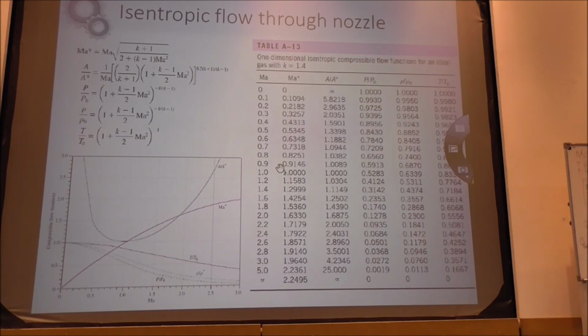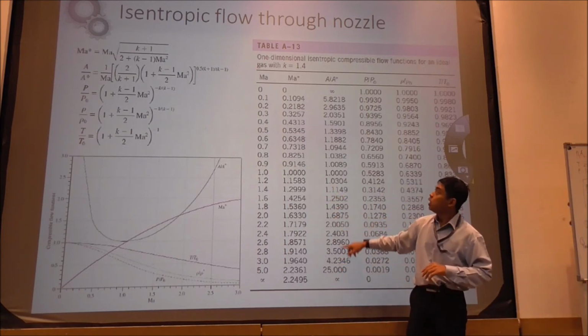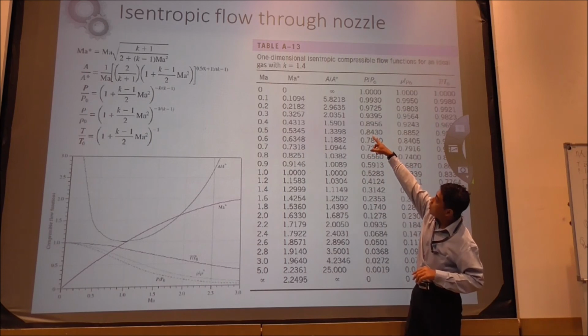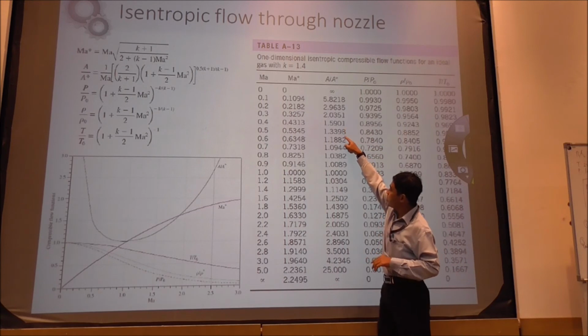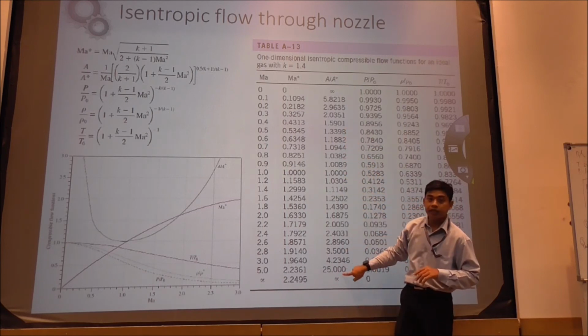Okay, so this is applicable not only for a converging nozzle, it is also applicable for a converging and diverging nozzle. That's why you can see the A over A star is growing smaller, it's reducing and then it's increasing.